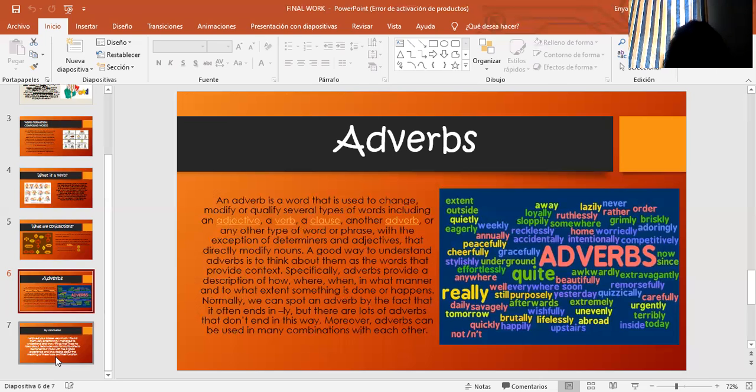All these are the ones that I mentioned: adverbs of manner, adverbs of place, adverbs of frequency, adverbs of time, adverbs of purpose. And well, I think that this is all that I'm going to say because this is going to finish, I think.